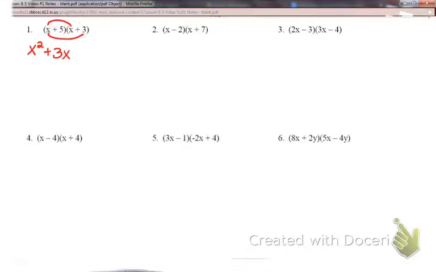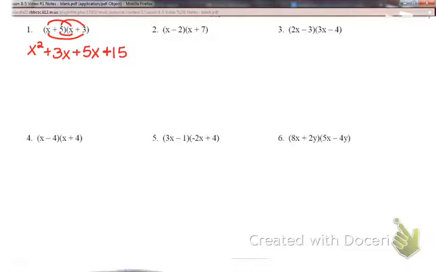The insides, that's 5 times x. So that's plus 5x. And lastly, we have the lasts. That's 5 times 3, and that's just 15, so we put plus 15. Then, as I mentioned before, you want to simplify this if you can, combine any like terms, and you certainly can.